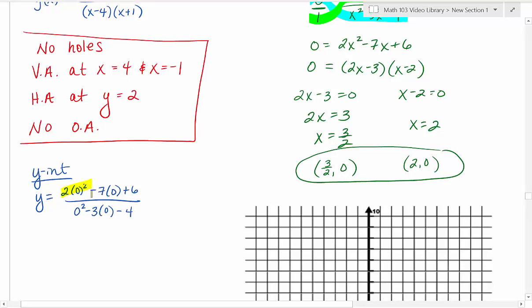We've got a lot of multiplication by 0 here. All those terms are going to fall out, leaving us with 6 over negative 4, which is negative 3/2. Our y-intercept is the ordered pair 0, negative 3/2.